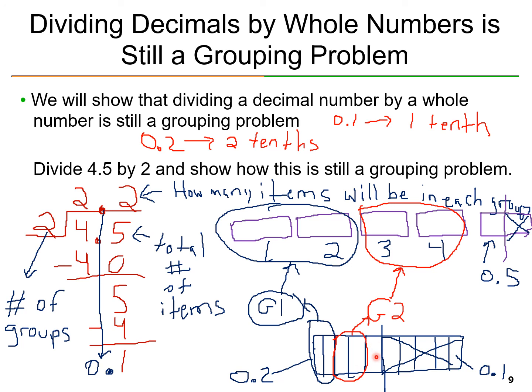And as we see right here, this represents 1/10. We have 1/10 left over. So the remainder is 1/10. 1/10 of an item will not be in a group. So we can see that dividing decimal numbers by whole numbers is still a grouping problem.